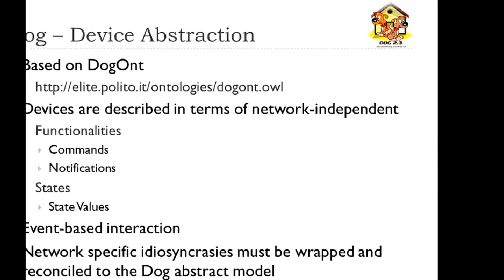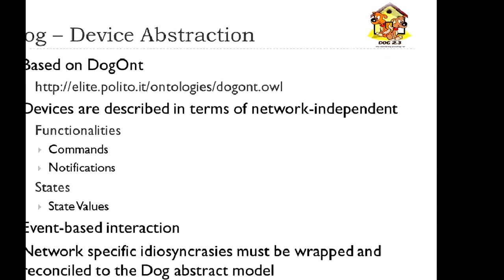So we need to find a way of changing the way devices interact. And all the networks should be isolated, abstracted, forced to work in the same way, so that up in the representation, everything is the same. A lamp is always a lamp, independently from the network.